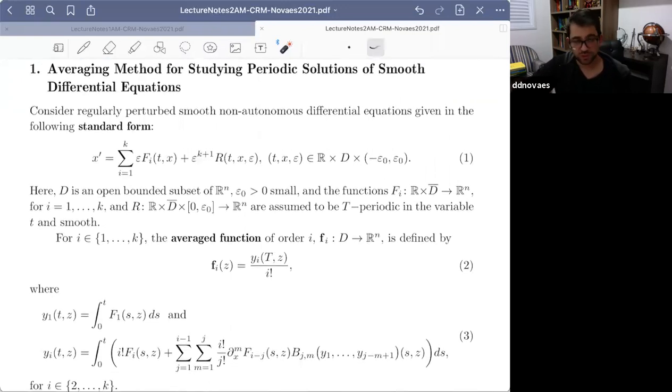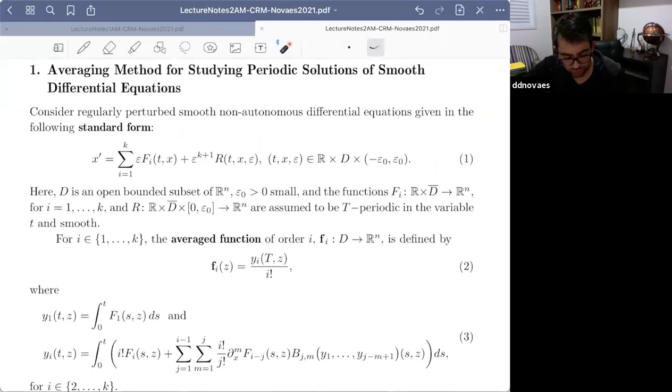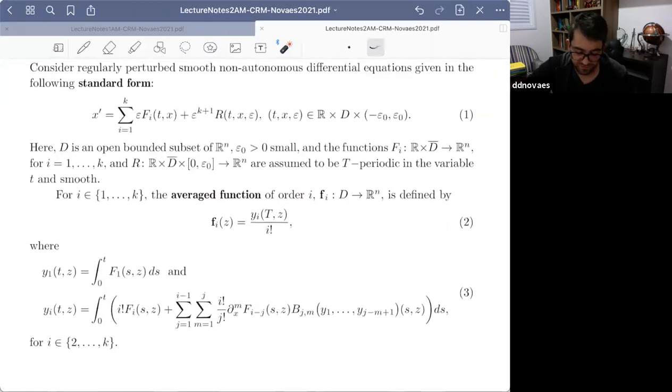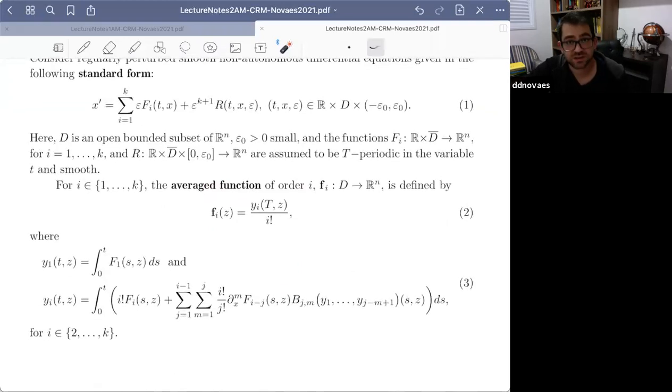Okay, so in order to answer this problem, we used the averaging method, which provides a sequence of functions called averaged functions, which has a nice recursive formula for computing these functions.